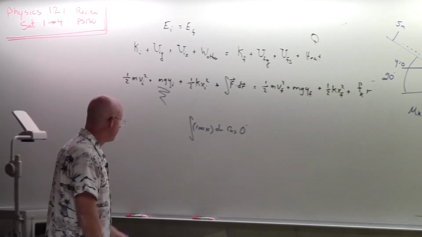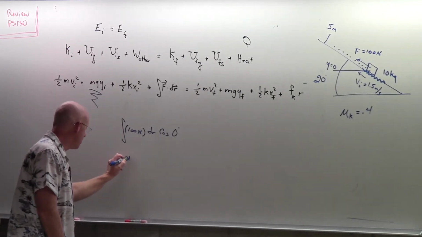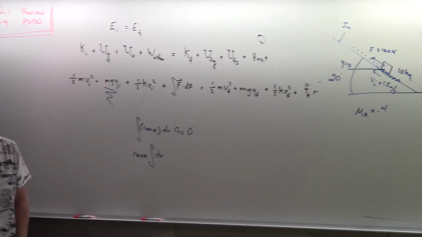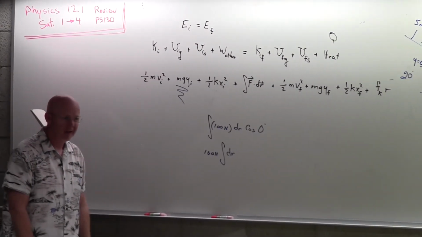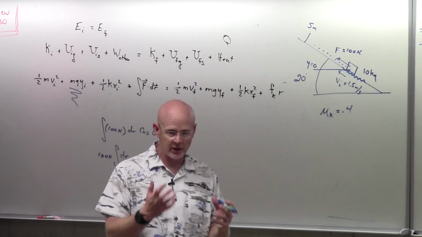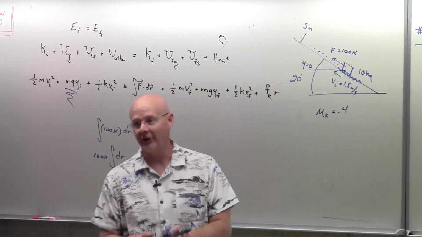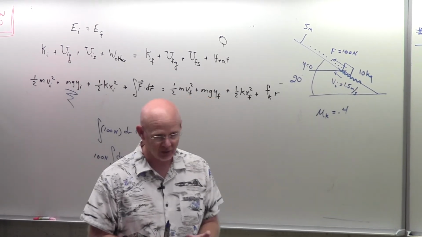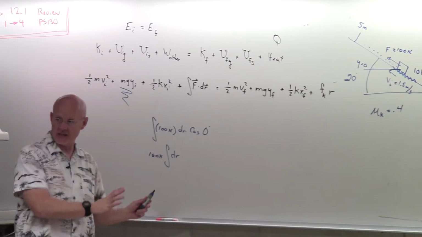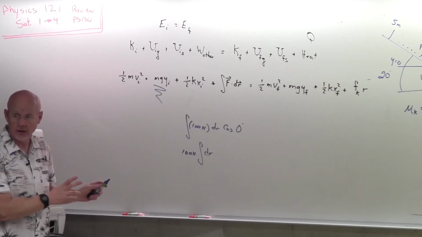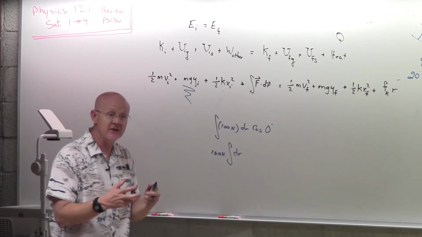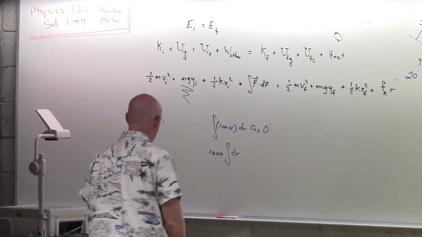Yeah, that's easy. Because what's cosine of 0? 1. And so what I get is 100 newtons times an integral of dr. Well, I couldn't ask for an easier integral than that. And again, that's not what the problem's about. The problem's not about doing a hard integral. I know you will get plenty of hard integrals in your Math 160 class, so good luck on those, by the way. But this is more about reading and understanding the physics behind that integral.